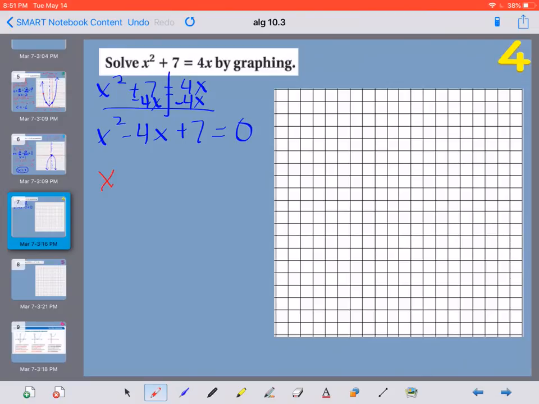Find the axis of symmetry. x equals negative b divided by 2a. Negative b is actually going to be negative negative 4. 2 times 1 is a. So we'll have a positive 4 divided by 2. This time x is going to equal 2.